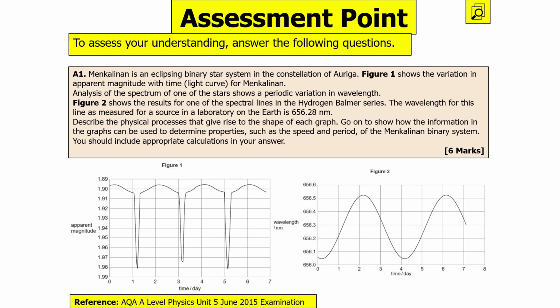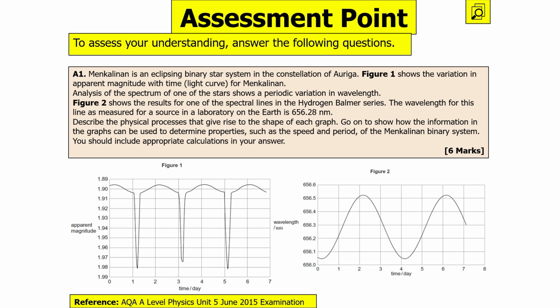The next question says, Menkalinan is an eclipsing binary star system in the constellation of Auriga. Figure 1 shows the variation in the apparent magnitude with time for Menkalinan. Analysis of the spectrum of one of the stars shows a periodic variation in wavelength. Figure 2 shows the results for one of the spectral lines in the hydrogen Balmer series.